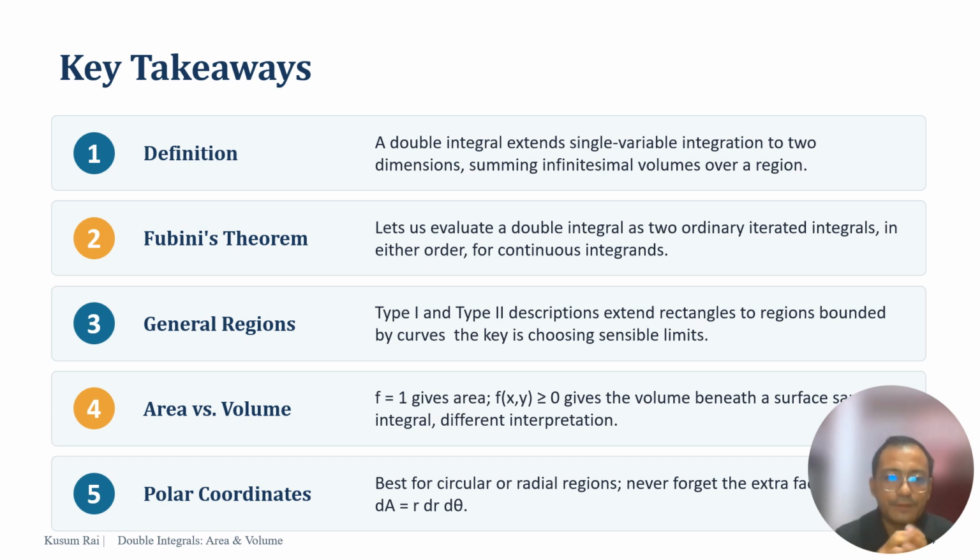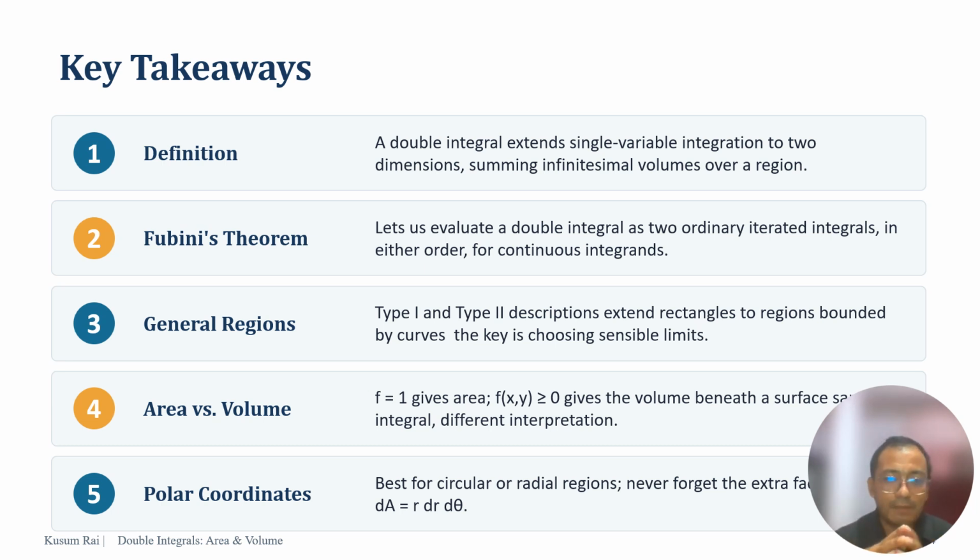Then Fubini's theorem: we can evaluate a double integral as two ordinary iterated integrals in either order for continuous integrands in terms of x and y. For integral regions, type 1 and type 2 descriptions extend rectangles to regions bounded by curves. The key is choosing sensible limits.